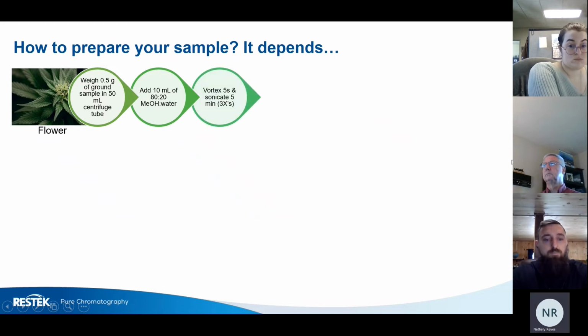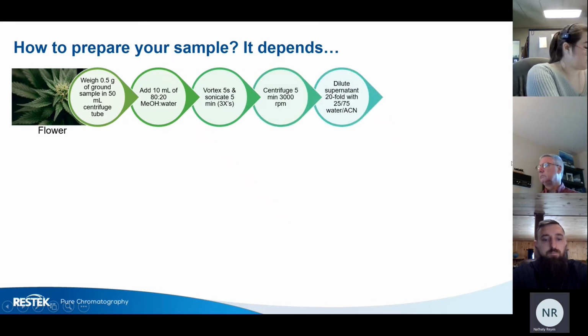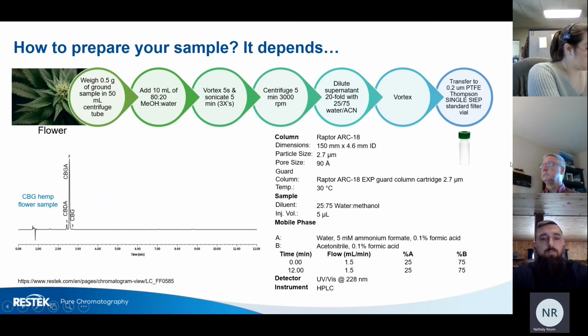After vortexing and sonicating 3 times, the sample was centrifuged, and then the supernatant was diluted 20-fold, vortexed, and then filtered using Thomson vials. These vials are very useful as they allow easy filtration of your samples to avoid introducing particulate matter into your instrumental system.